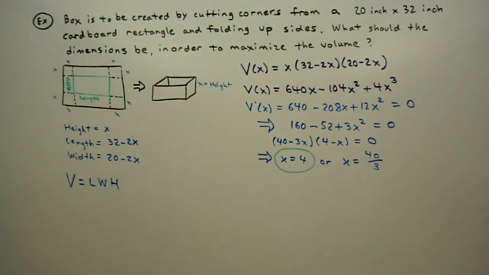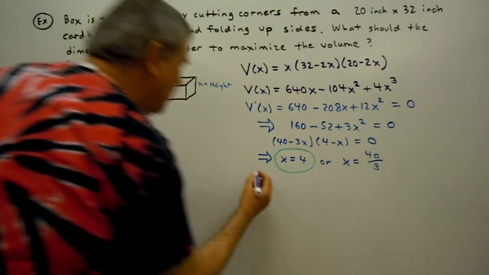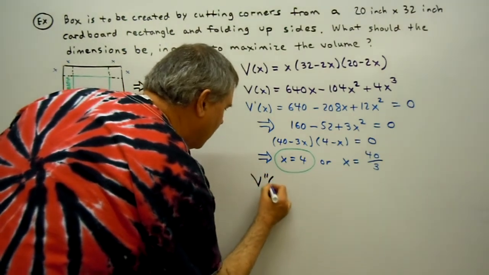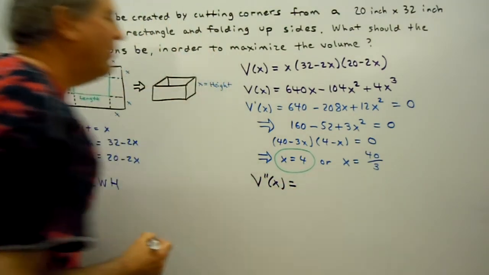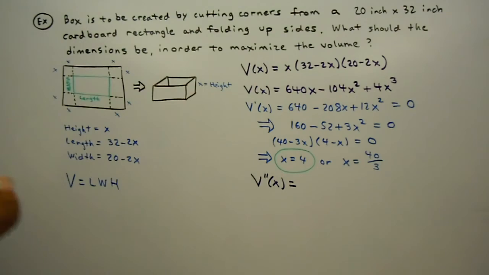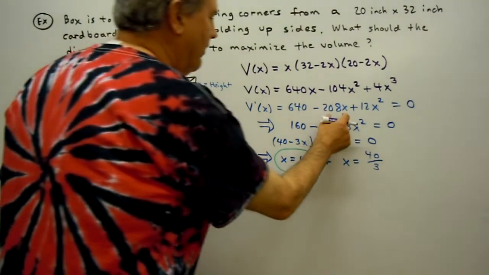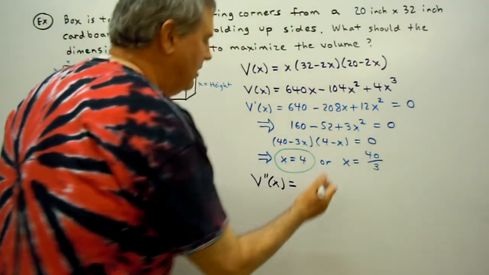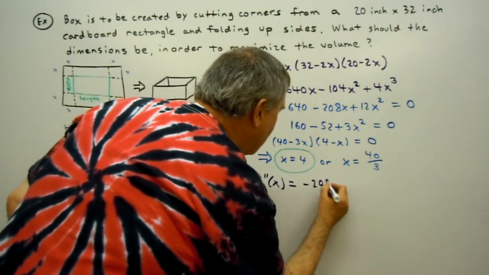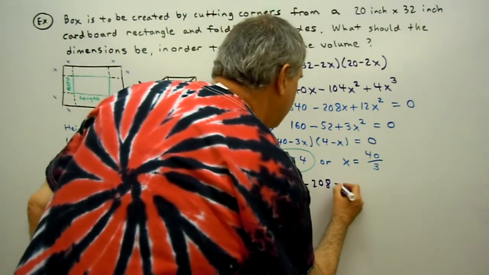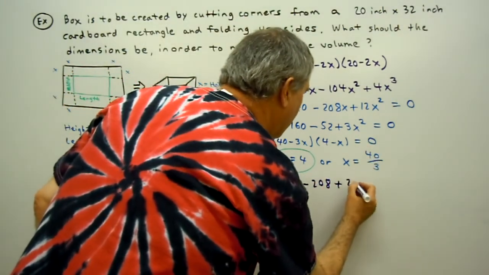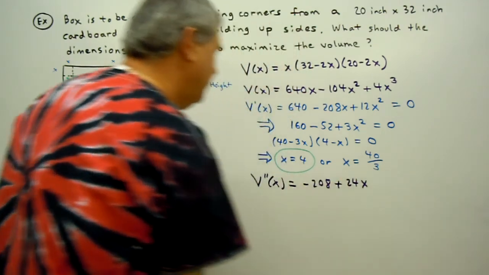Now, before we go on, how do we know that that actually maximizes the volume? It doesn't minimize the volume. Remember, we could always check the second derivative. So if we take the second derivative of the volume, that would be the derivative of the derivative, which would be negative 208 plus 24x.